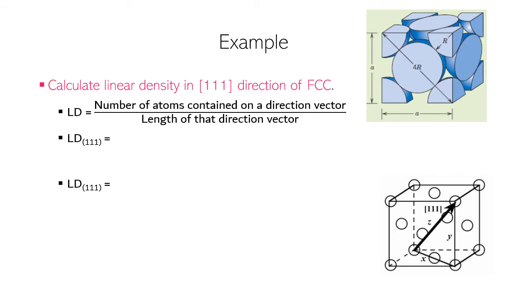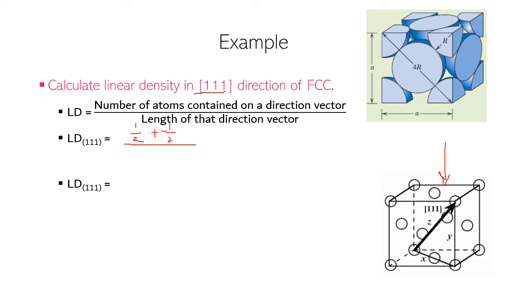Let us now calculate the linear density in direction 111 of FCC. This direction is shown here in this picture, and it's basically the diagonal of this cube. Again, the number of atoms contained on the direction vector remains the same because we have two corner atoms at each end of that direction, so that becomes half plus half, because half of each is shared by the adjoining unit cell.